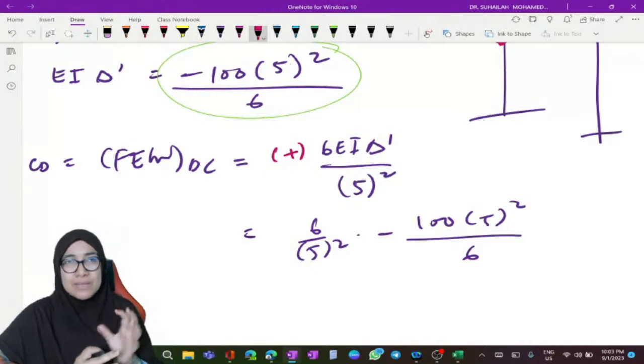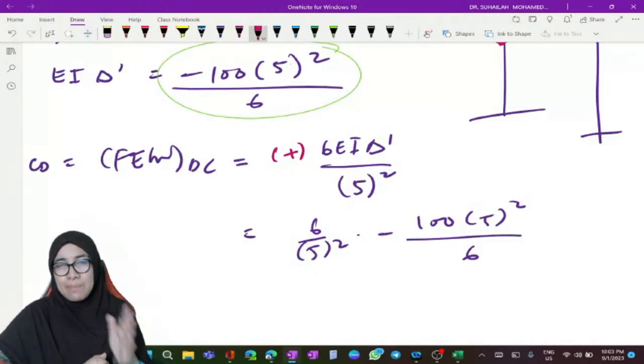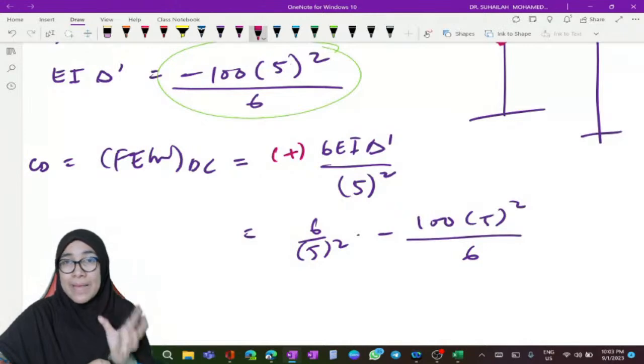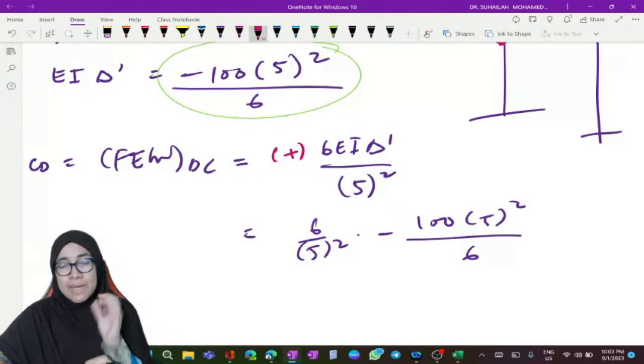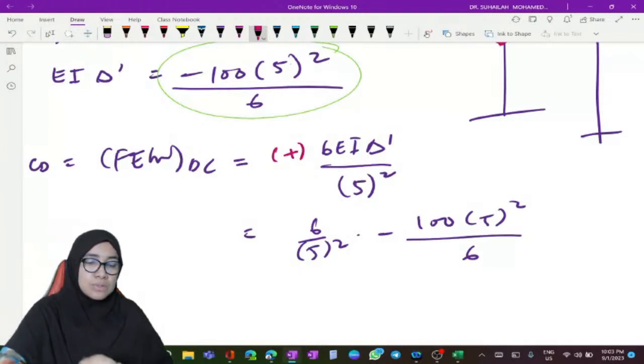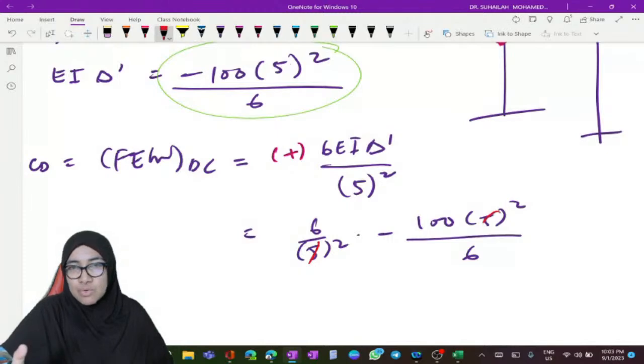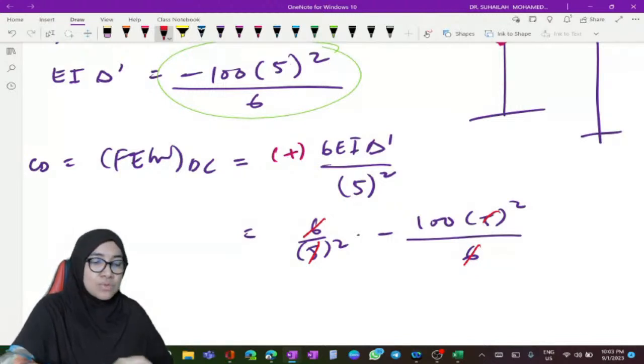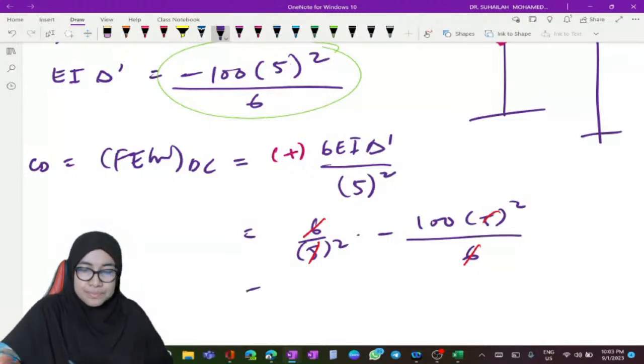Because of the symmetrical condition of column AB and column DC, the ratio is 1. This is 5 meter, this is also 5, the same ratio. EI constant, L also constant, so what we get is also the same, negative 100 kilonewton.